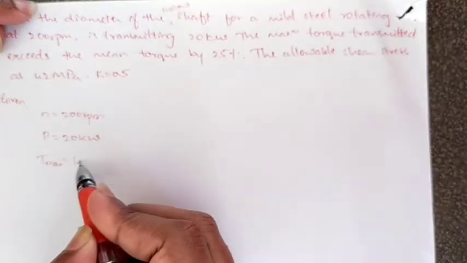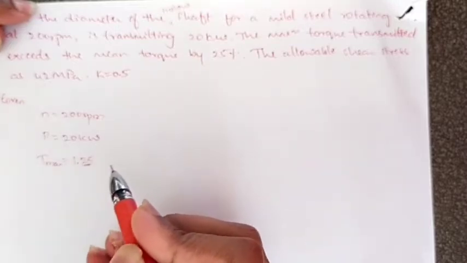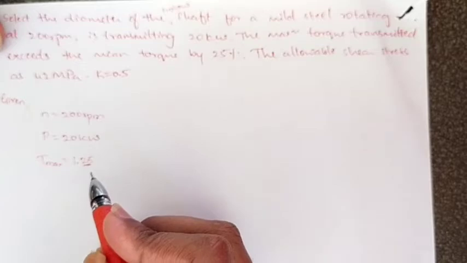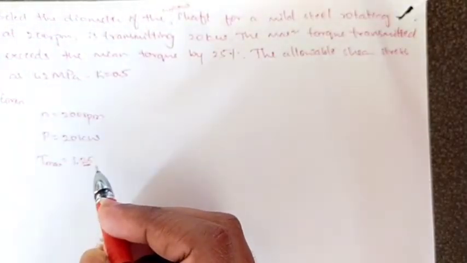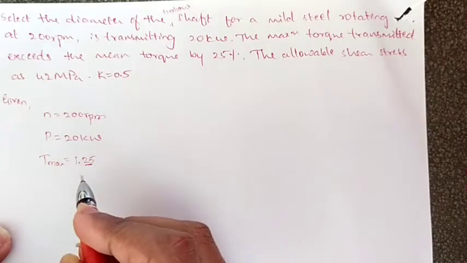That means you should take 1.25. See, 25 means 1.25, 30 means 1.30. Like that you need to consider. So now by taking those values, 1.25, we will consider.